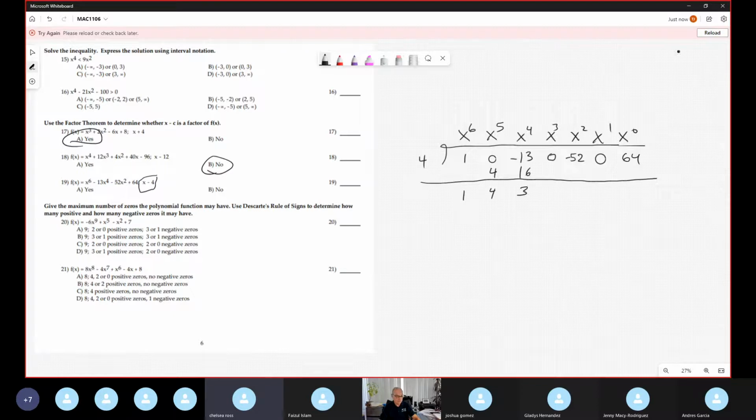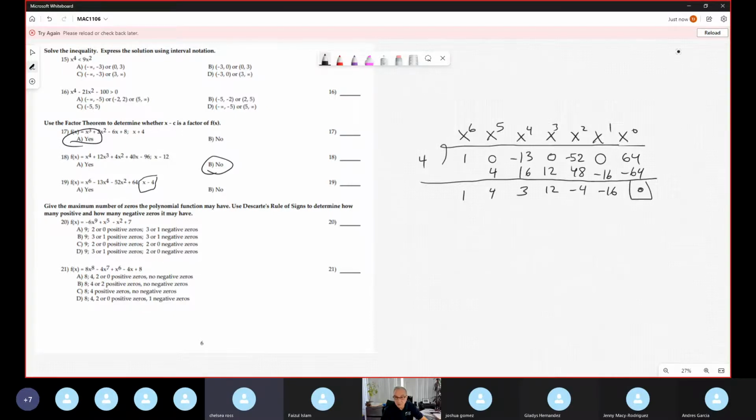Subtraction is 3 positive. And now multiplication 3 times 4 is 12. 0 plus 12 is 12. And 12 times 4 is 48. And now subtraction is negative 4. And negative 4 times positive 4 is negative 16. Again, negative 16 here. And negative 16 times positive 4 is negative 64.